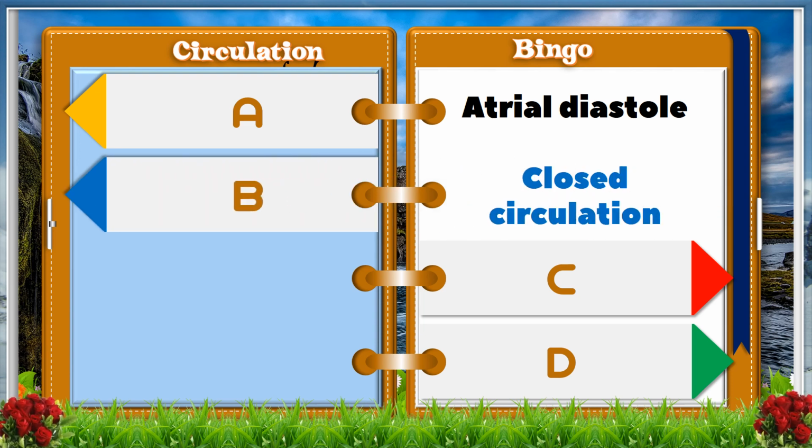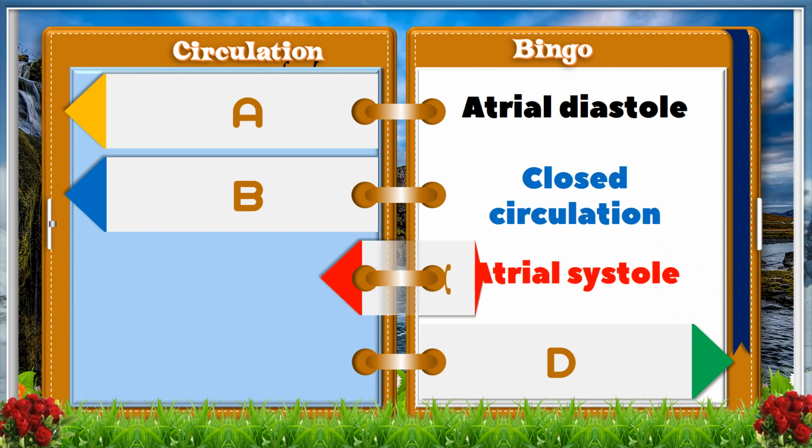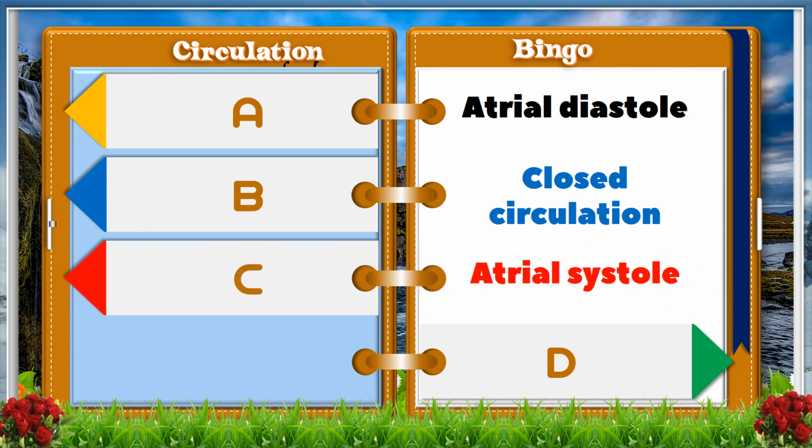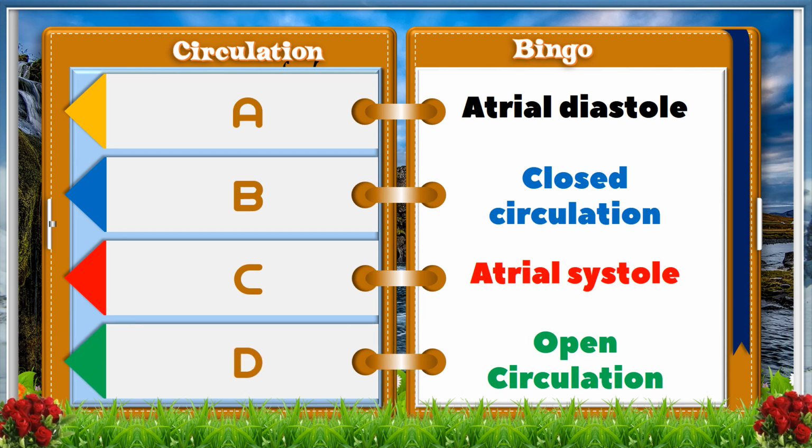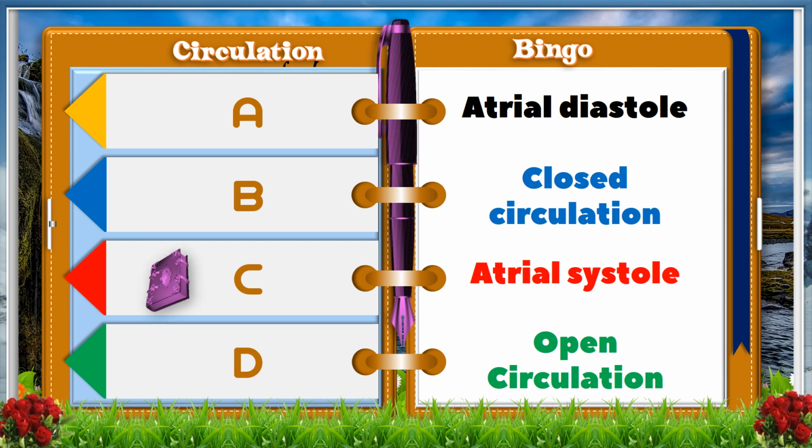B. Closed circulation. C. Arteriosclerosis. D. Open circulation. And the answer is C. Arteriosclerosis.